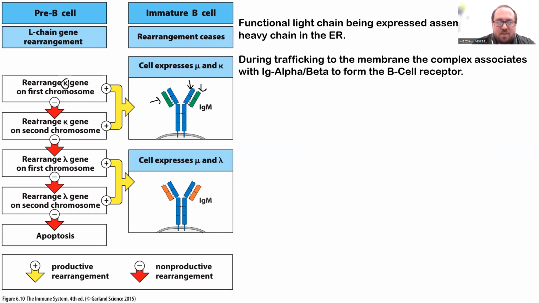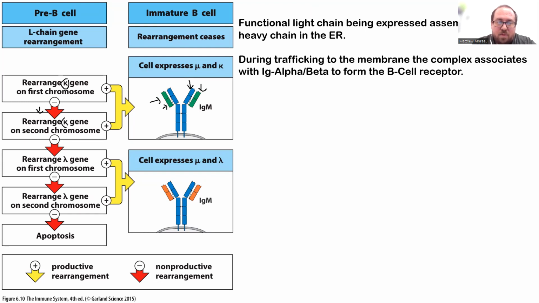If it doesn't, it moves to the second chromosome. And again, this will go through successive, multiple, not just one or two, it will go through 5, 10, 15 different rearrangements on the second kappa chromosome. And if that is successful, you still end up with a kappa light chain to an already produced heavy chain.